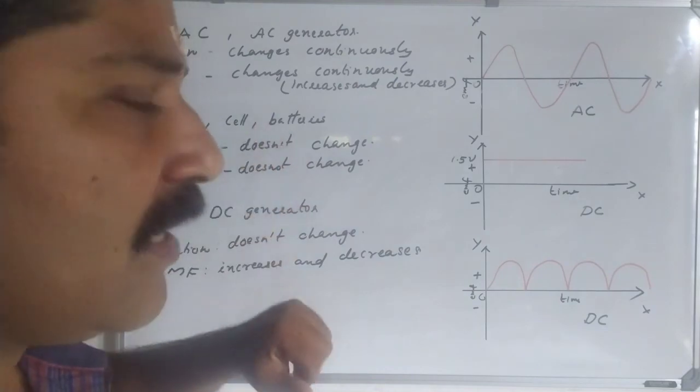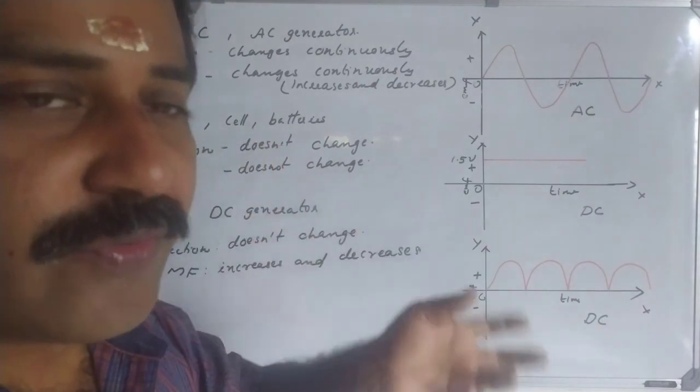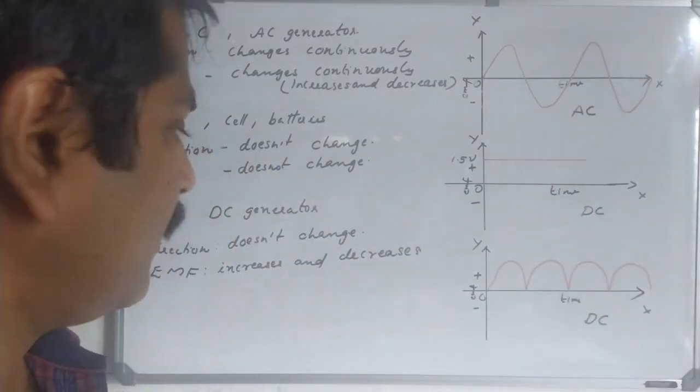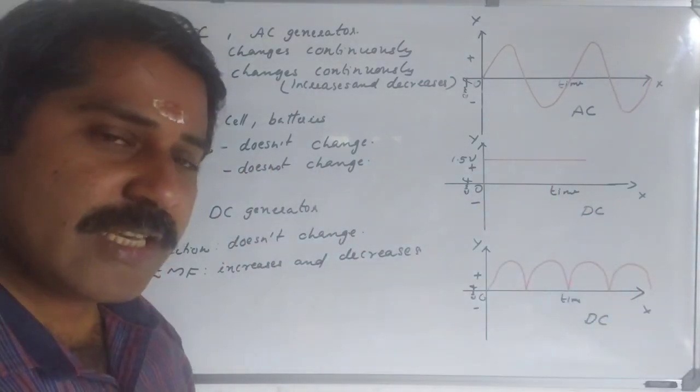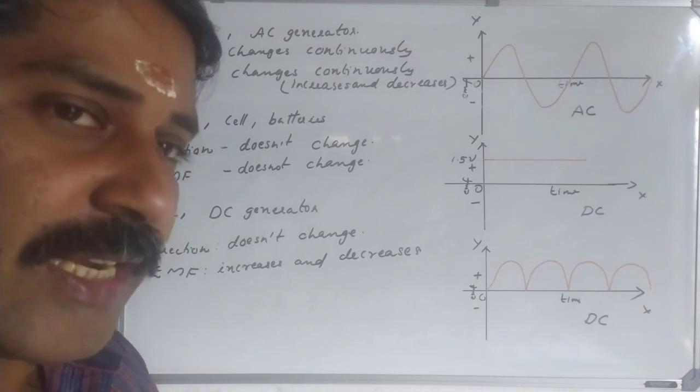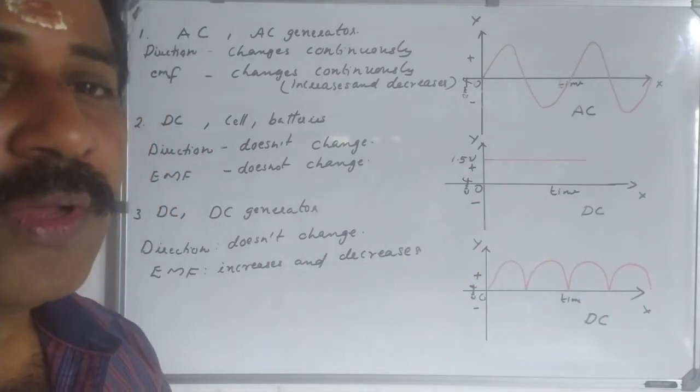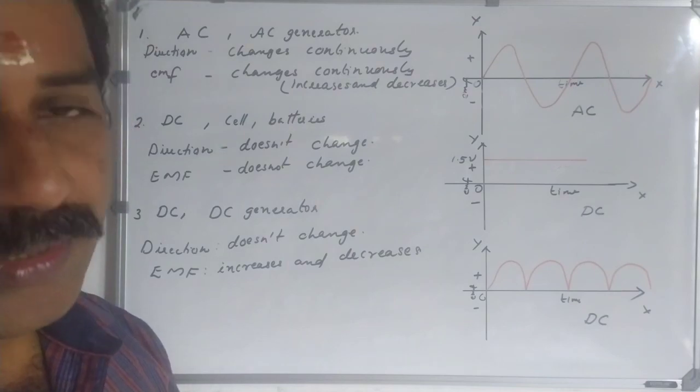Then can you give the reason for that? Here in a cell, chemical energy is converted into electrical energy in a steady manner. But in the case of a DC generator, the electrical energy is produced on the basis of the number of flux lines broken.